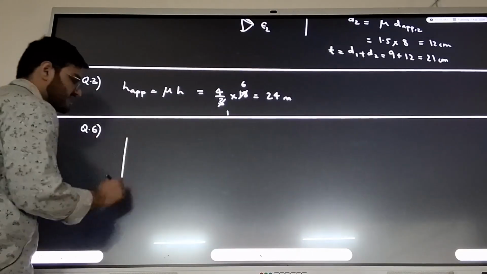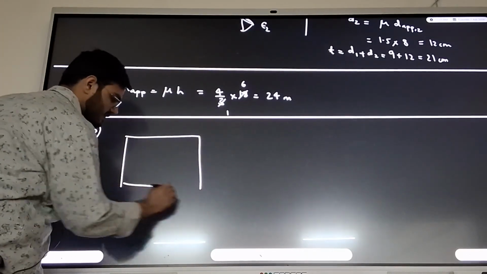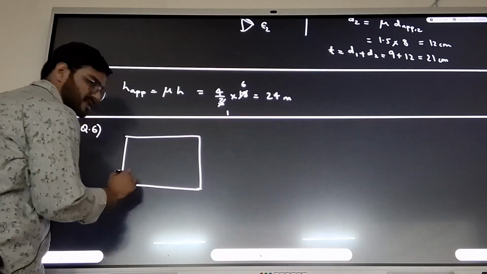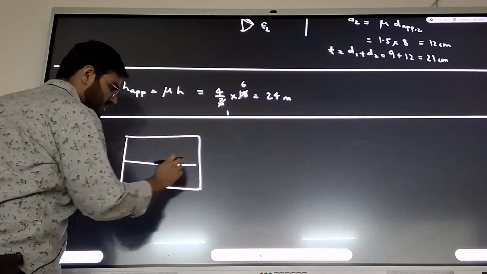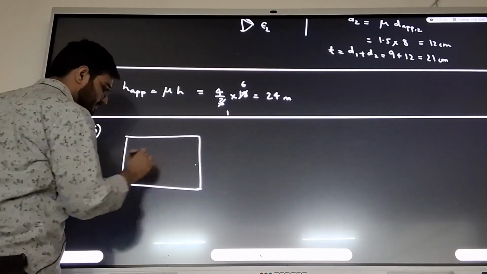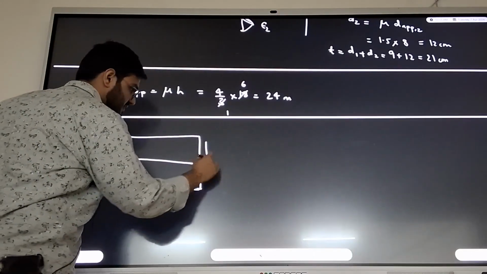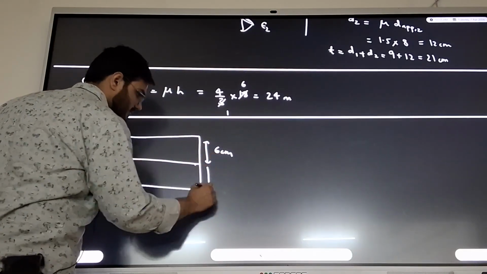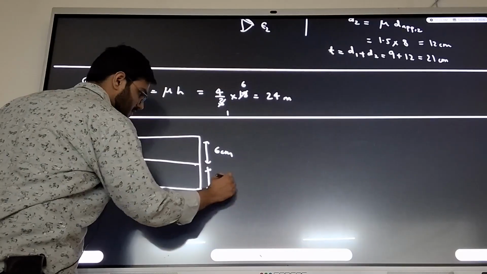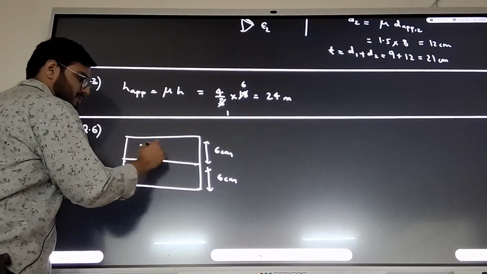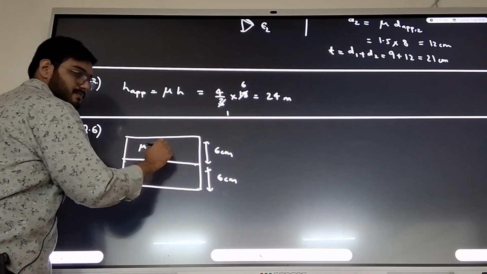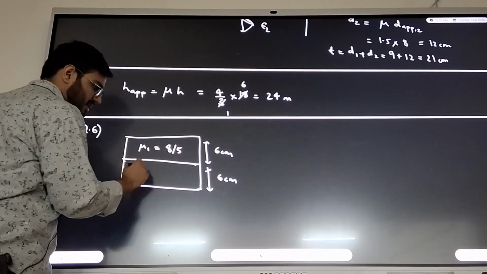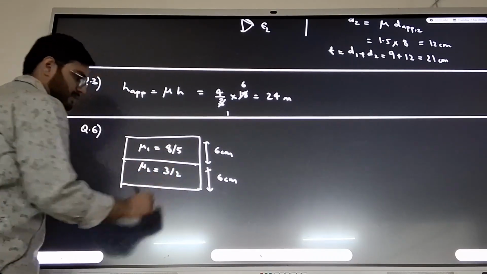If you have 2 immiscible liquids, and I think the height of each column is given to be the same, na? What is the height of each column? 6 centimeters. And what is the refractive index given to be? 8 by 5 and 3 by 2.